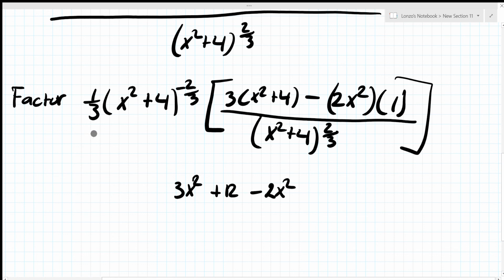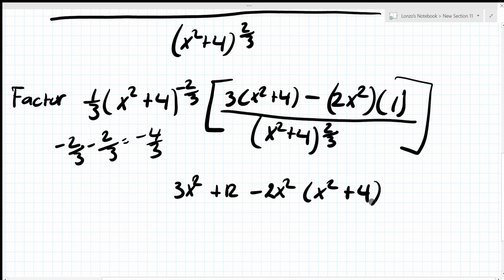So you're actually dividing it. And remember, when you're dividing exponents, you're really subtracting. So it's like saying negative 2/3 minus 2/3. I get negative 4/3. So that's why I get (x squared plus 4) raised to the negative 4/3 power.